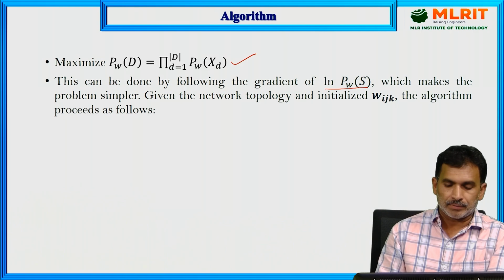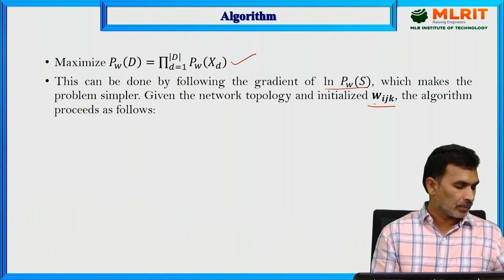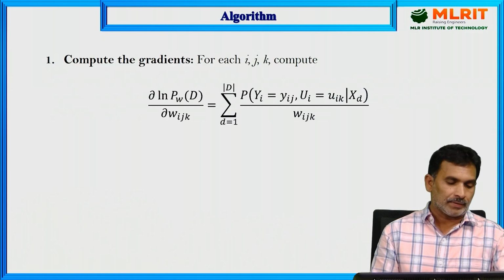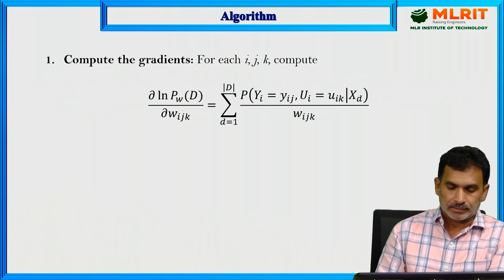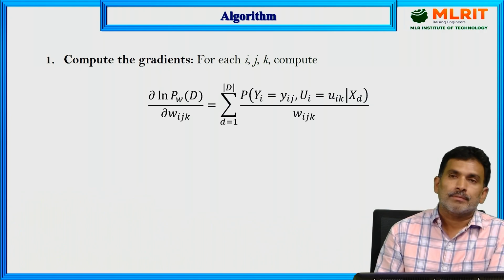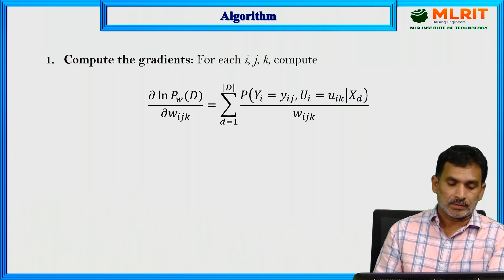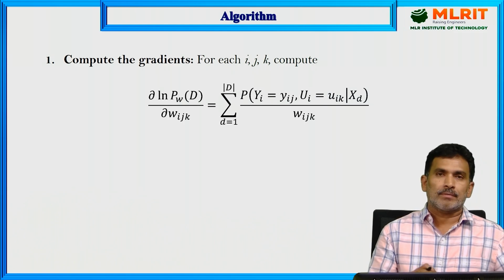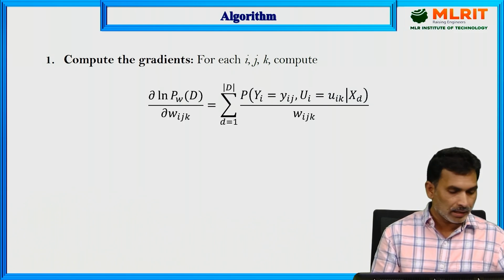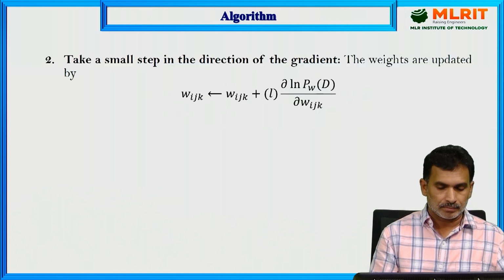Given the network topology and initialized Wij, the algorithm proceeds as follows. The first step is to compute the gradients for each i, j, k. That is, as I said just now, we have to calculate the conditional probability values for each variable in the network. Once we calculate these values for each random variable, we plug them into this equation so that we can compute the gradients.